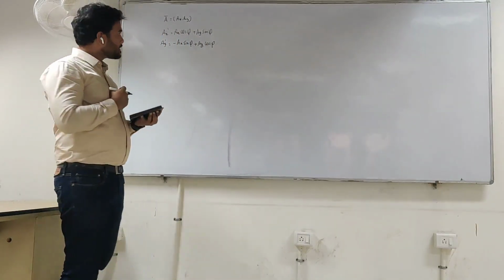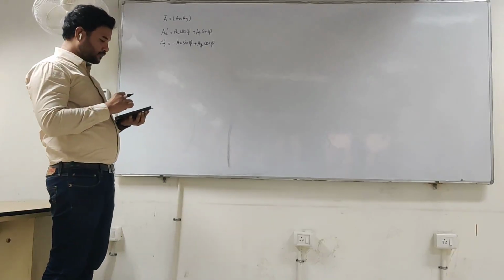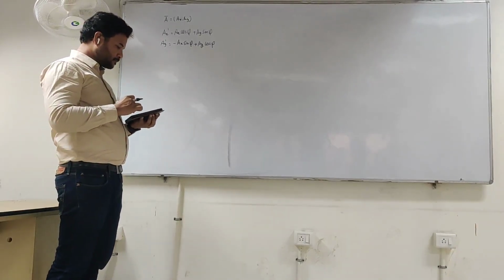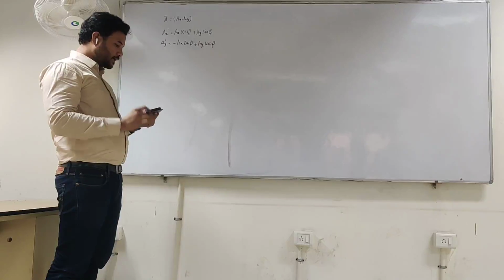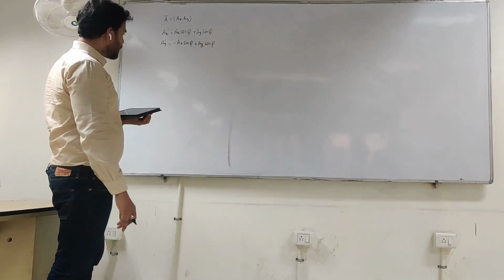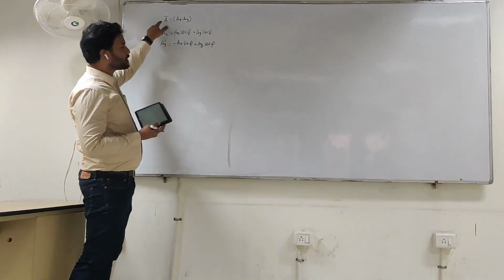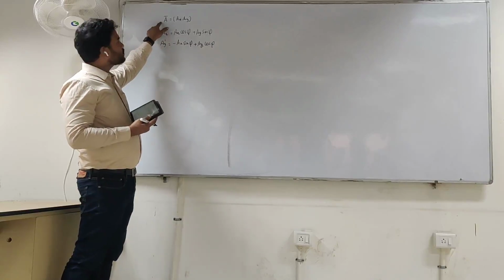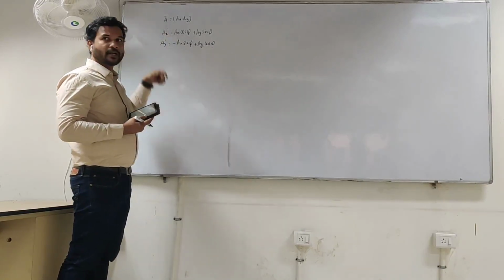we define ax and ay as components of vector A, and if you transform the vector, you have a prime coordinate system and an unprime coordinate system.